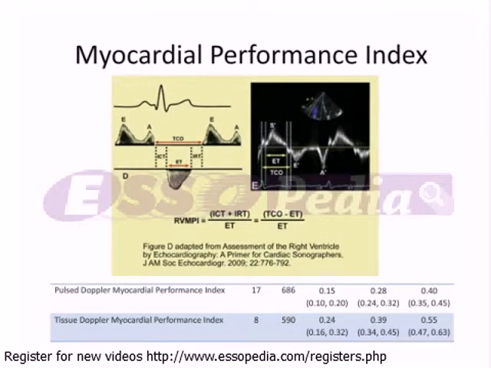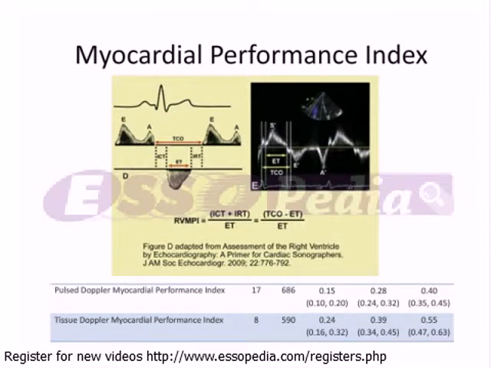And the values are different depending on which method you use. Using the pulsed Doppler method, an upper reference limit of 0.4 is the cutoff, whereas using the tissue Doppler myocardial performance index, an upper reference limit of 0.55 is considered abnormal.